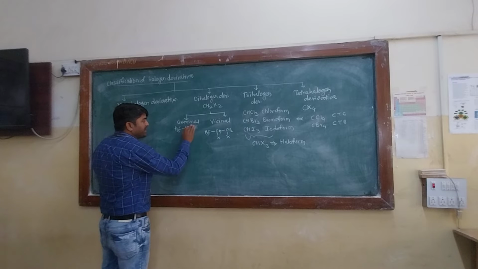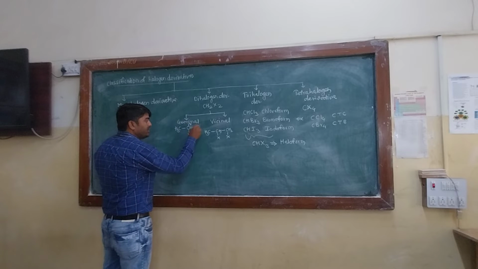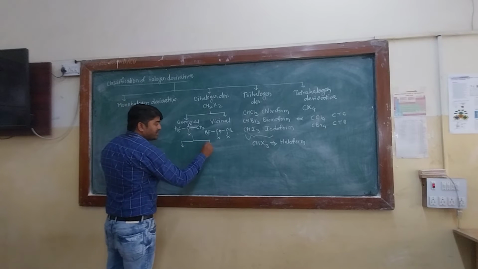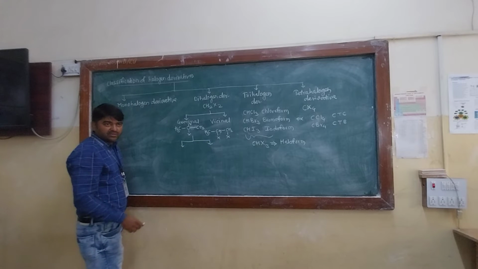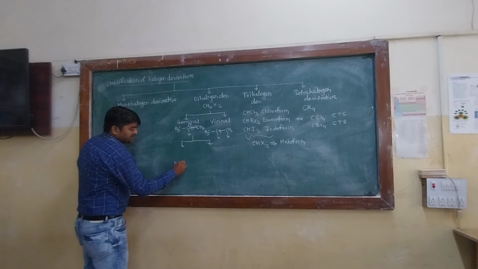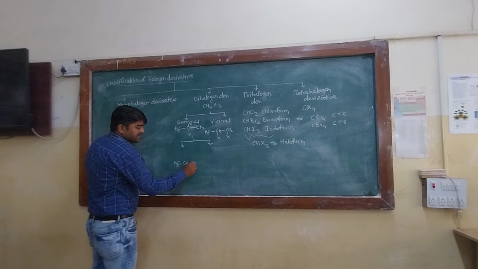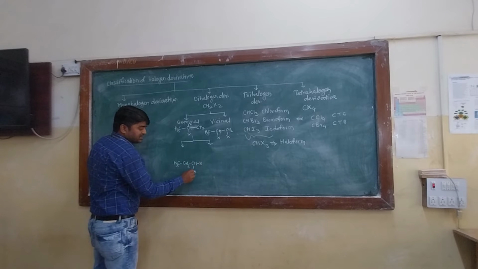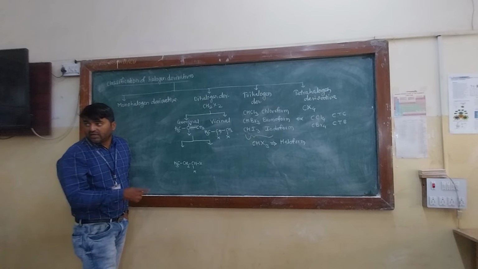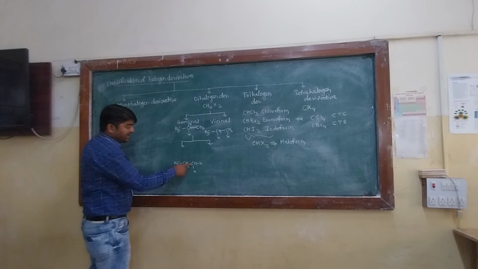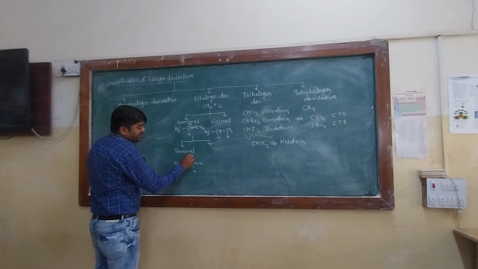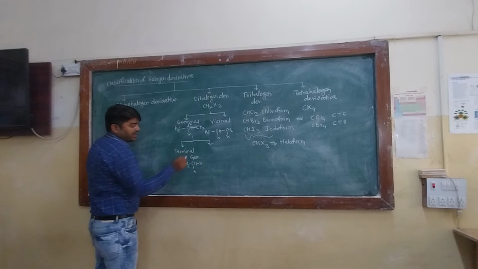And in the geminal dihalide, again you can put both halogen atoms on a terminal carbon atom or a non-terminal carbon atom. For example, CH3CH2CHX2: two halogen atoms are present on the terminal carbon atom, so it is called a terminal geminal dihalide.